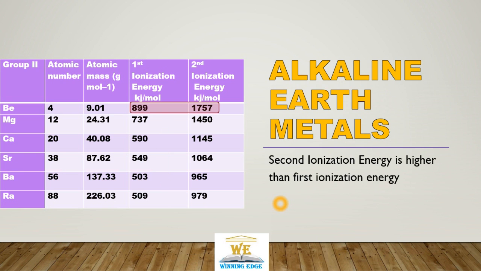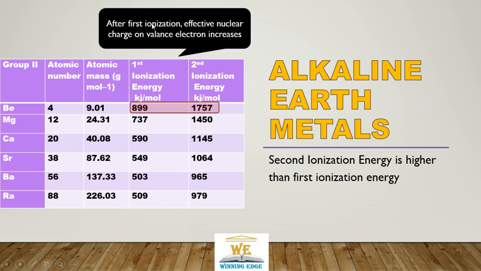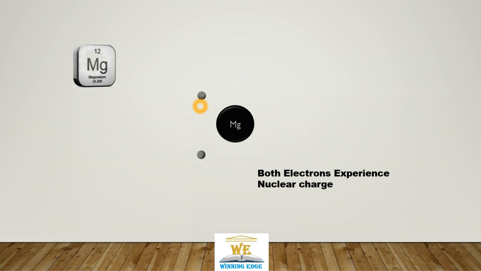How do we justify the high second ionization energy? After the first ionization energy, what happens? It's unipositive, so the effective nuclear charge for the leftover valence electron increases. Let's take magnesium as an example. We ionize the first electron, it's gone.